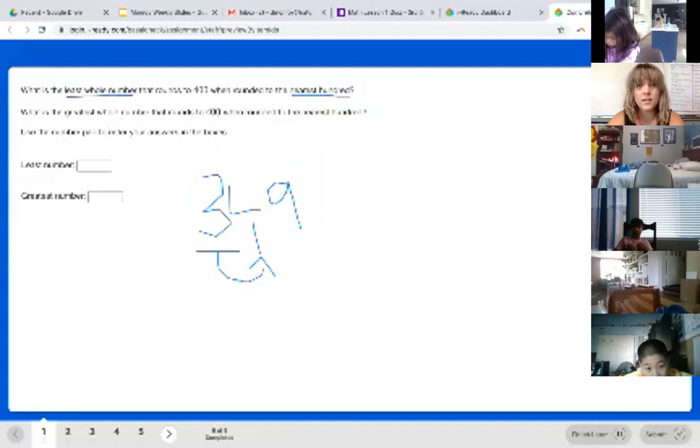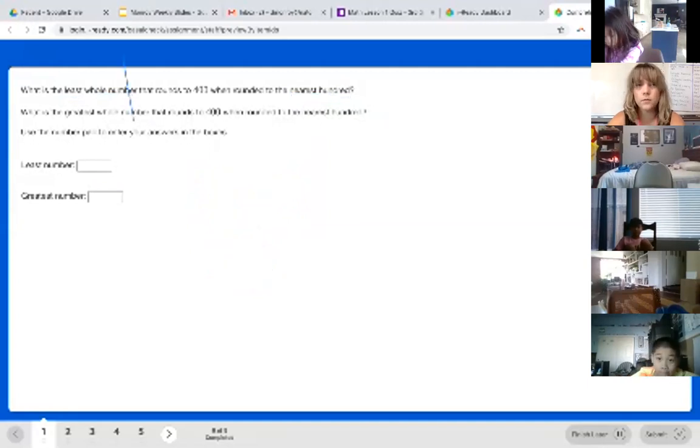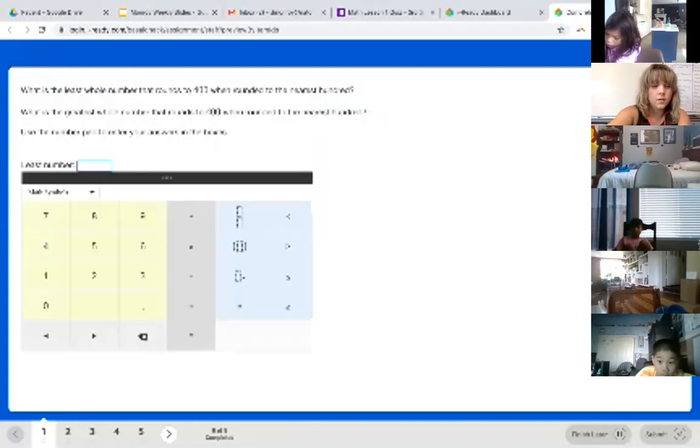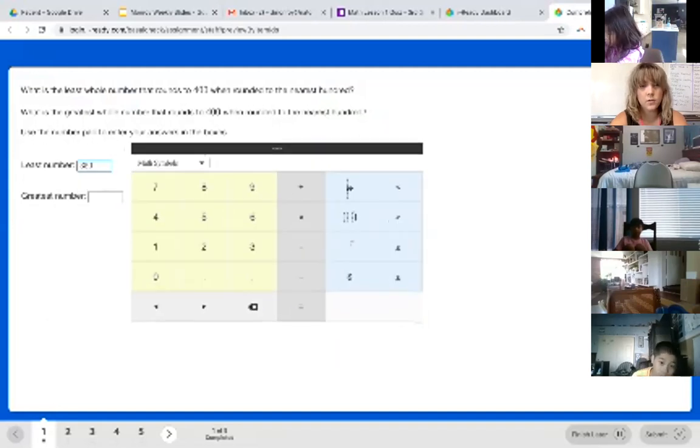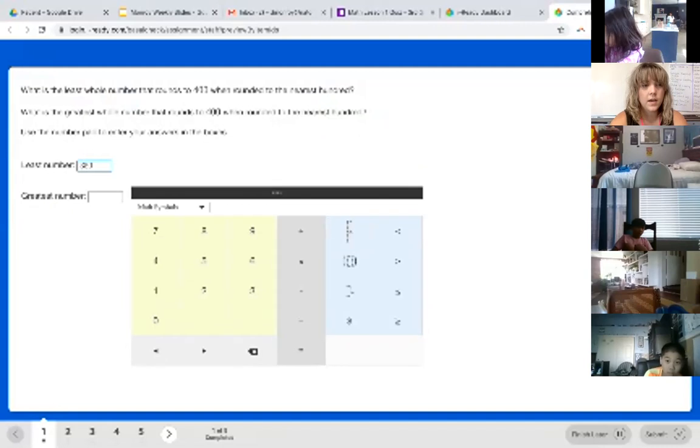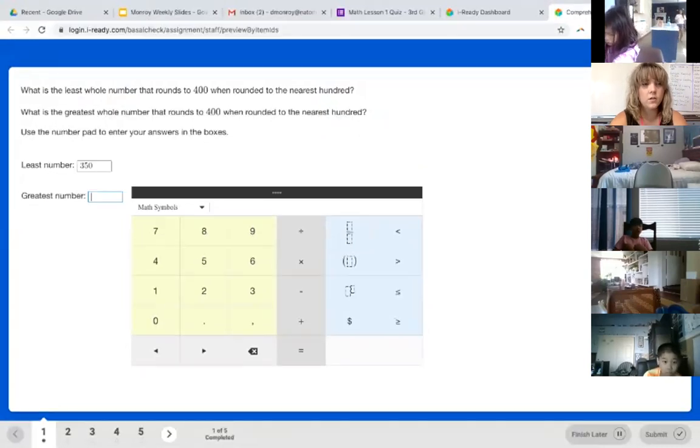So our least number, which I'd put in here, would be 350. You aren't writing this down right now, you're just following along with me. I'll tell you when it's time to write something. So our least number is 350.